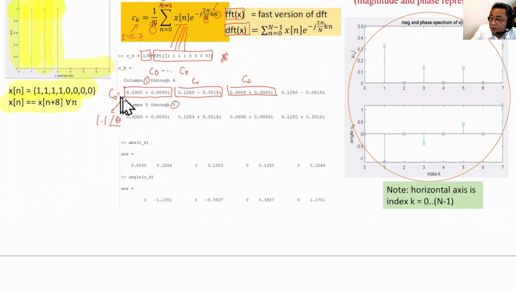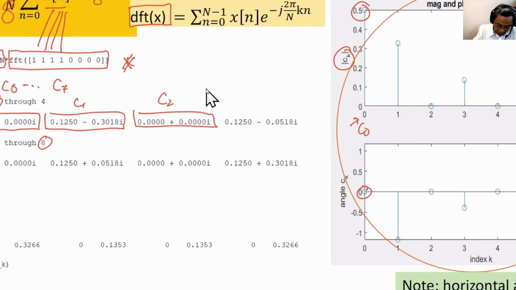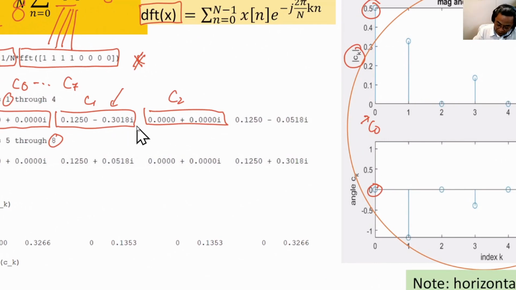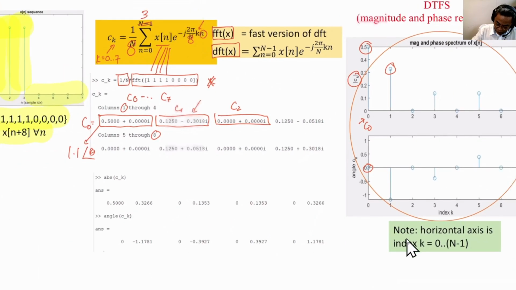Look at the first number, 0.5 plus j0. So the first element is 0.5. So this is C0 magnitude and the phase is 0. The second one is 0.125 minus 0.3j. So this is the number in magnitude and in phase, and so on and so forth.